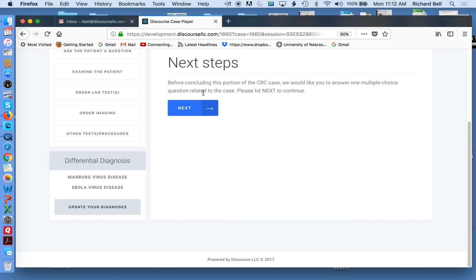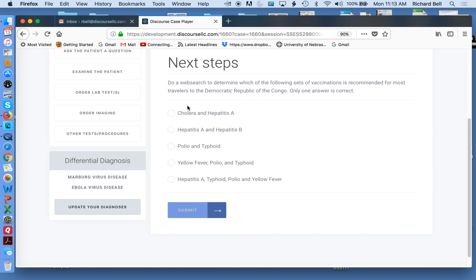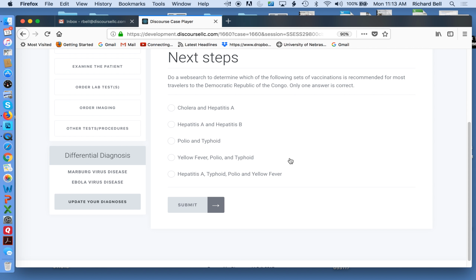And then it says, before concluding this portion of the case, we would like you to answer one multiple choice question related to the case. And it says, do a web search about vaccinations for travelers to Democratic Republic of the Congo.